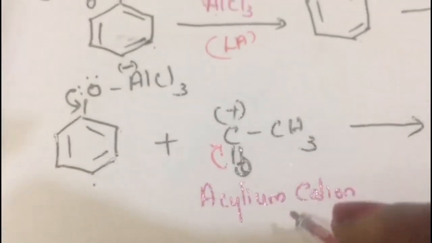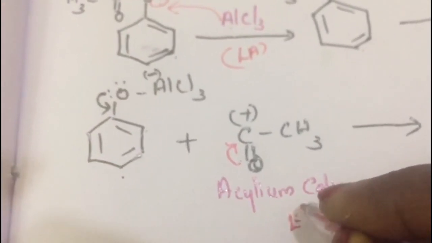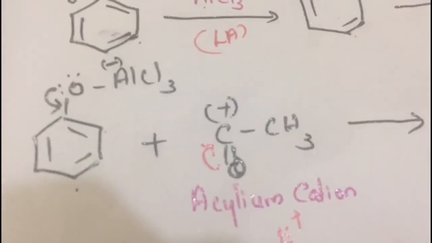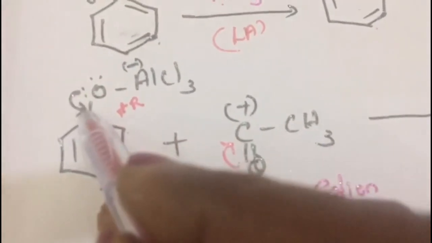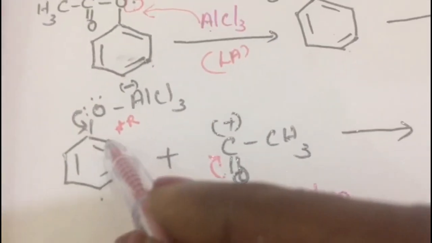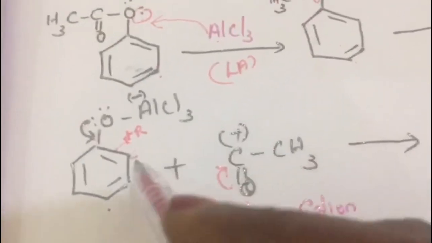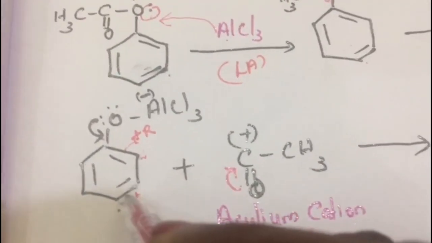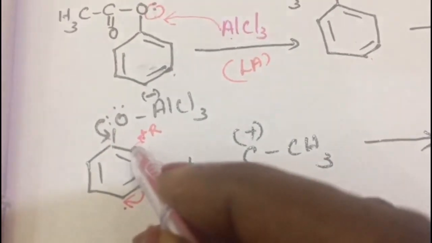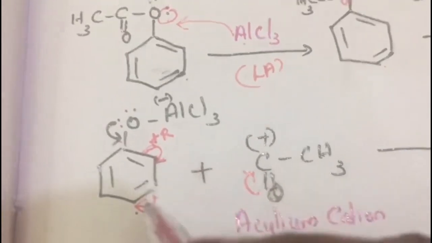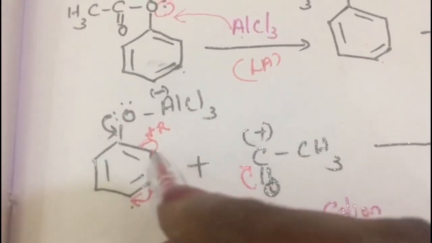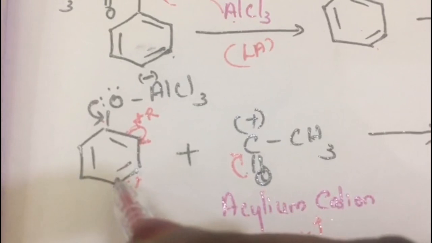This acylium cation acts as an electrophile. This group has plus R effect, and this lone pair of electrons will move towards the ring, this electron will move here, and this bond electrons will move here. So we know both ortho and para positions are more electron rich, so they are ready for electrophilic substitution reaction.